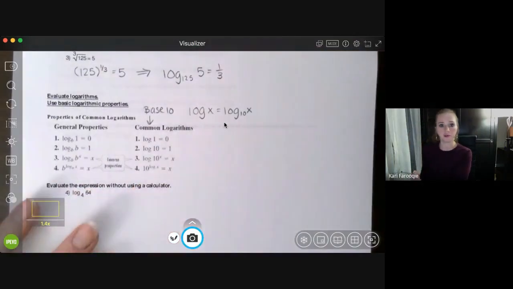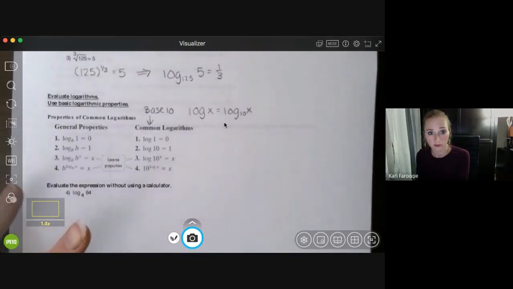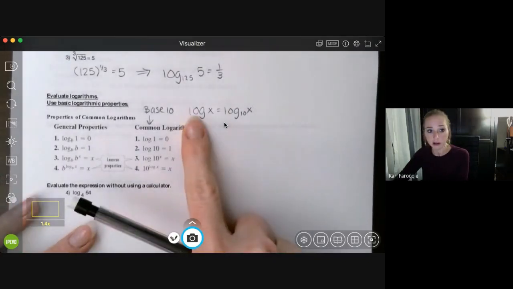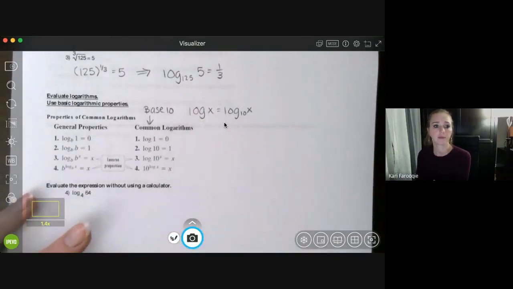It's assumed. It's kind of like when you write x, it's assumed to be 1x. So if you just see a log and you don't see a base on it, it's assumed to be a log base 10. So that's very important. All of these have a base of 10 on them. If it's a common log, it's a base 10 log.